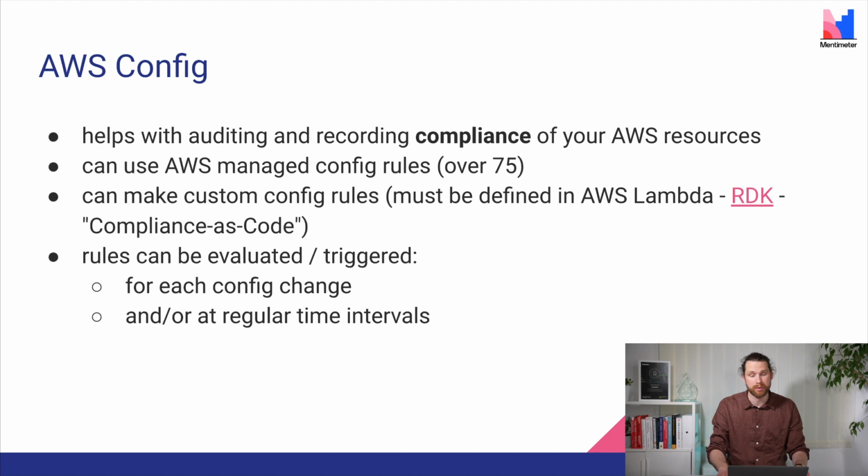Let's start with AWS Config. So AWS Config helps with auditing and recording the compliance of our AWS resources. What does that mean? AWS Config collects all the resources that we provisioned within our AWS accounts, or maybe in our AWS organization. I'm going to come back to this organization concept a bit later.